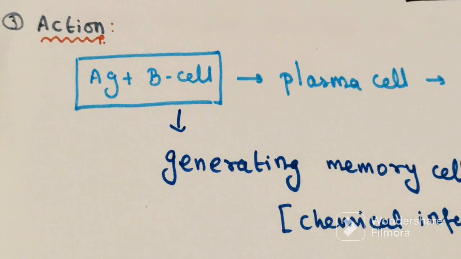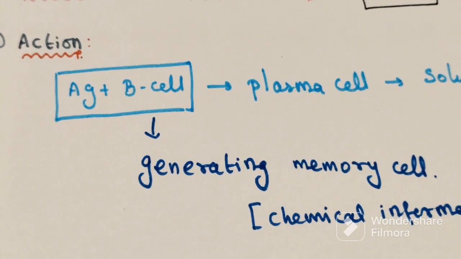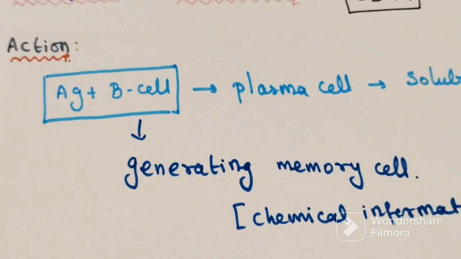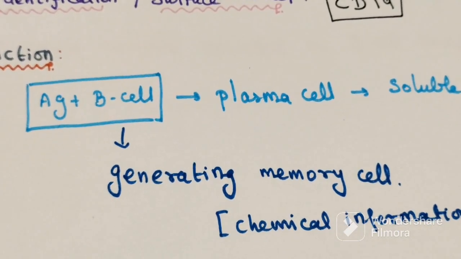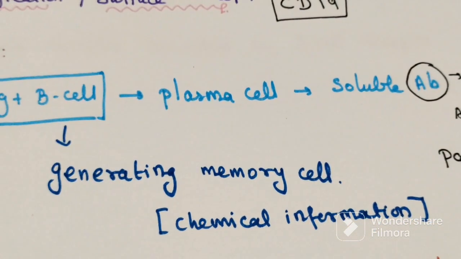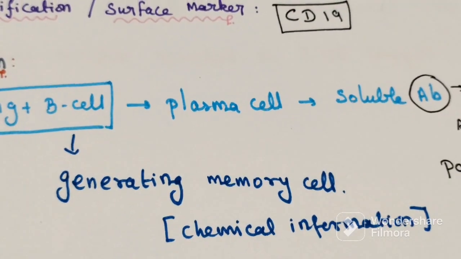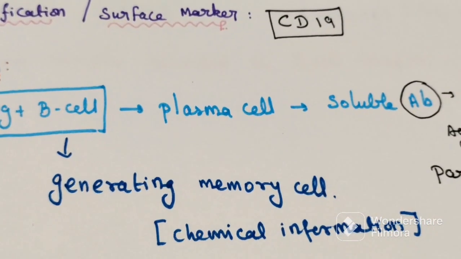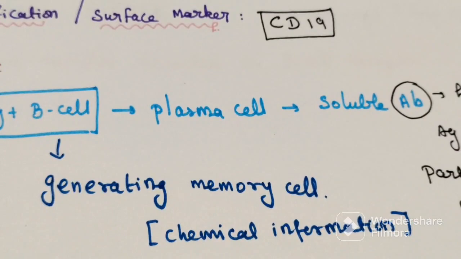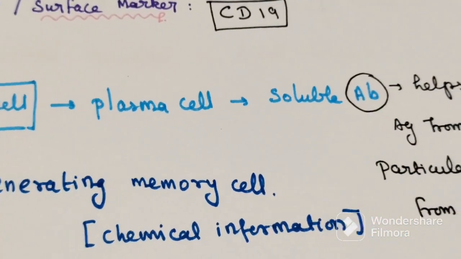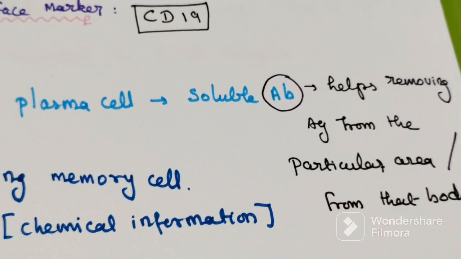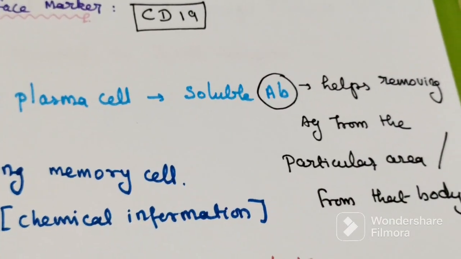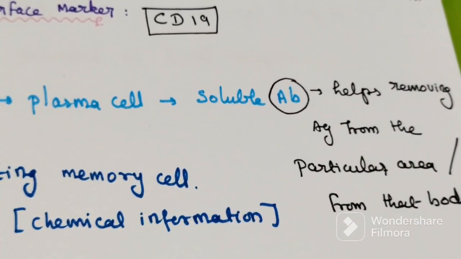If we talk about the action of B cells, whenever an antigen encounters a B cell, this B cell is converted into a plasma cell. What does the plasma cell do? This plasma cell will give soluble antibodies. These antibodies help in removing the antigen from the particular area or from the body.